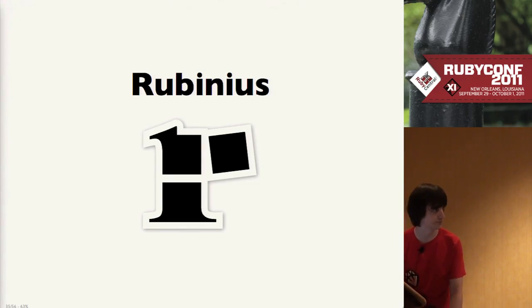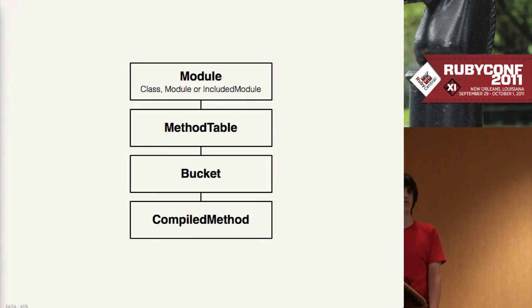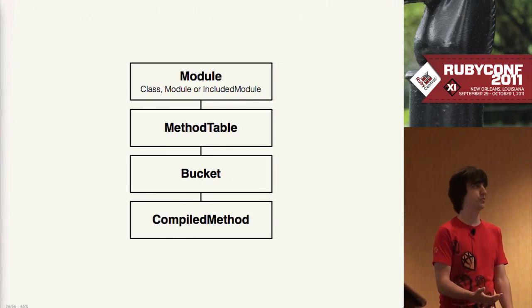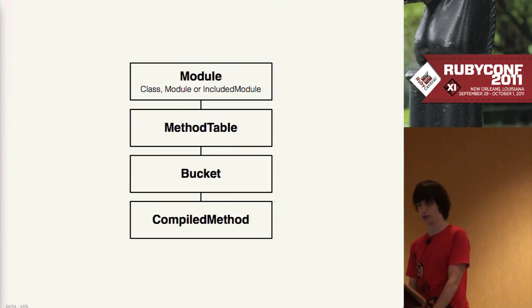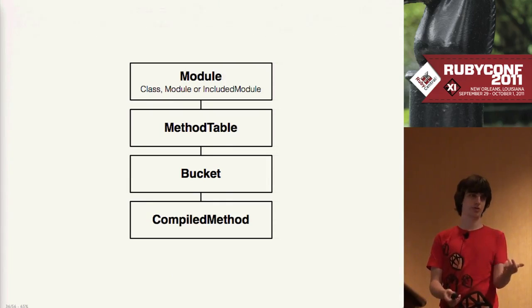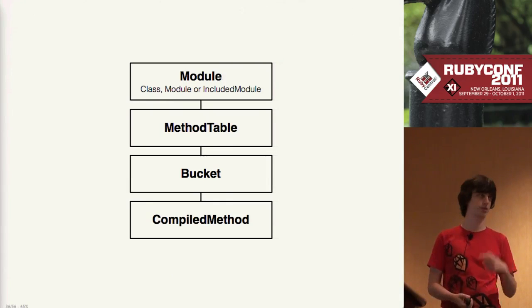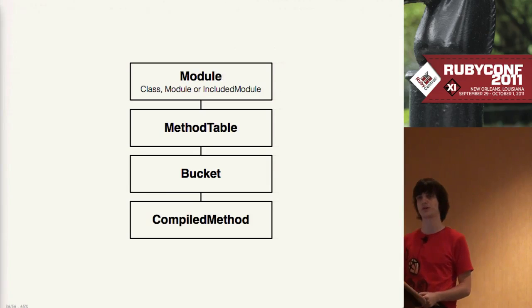Well, in Rubinius, you have basically this structure, which is similar to what all the Ruby implementations have. Every module, and the module is the superclass of class, and included module, has a method table, which is basically like a hash, but a more low-level construct you can more easily access from C++.